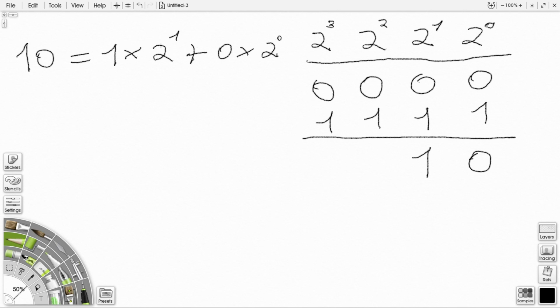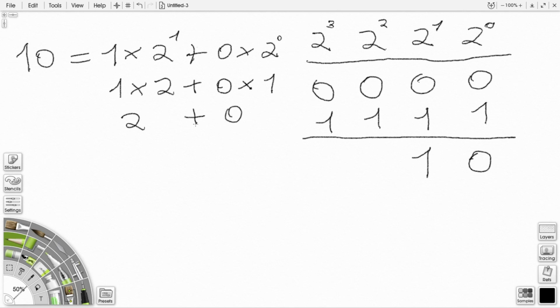Guys, any number to the power of 1 is itself, right? So we have 1 times 2 to the power of 1, which is 2, plus 0 times 2 to the power of 0. 2 to the power of 0 is 1, because any number to the power of 0 is 1. So 1 times 2 is 2, plus 0.